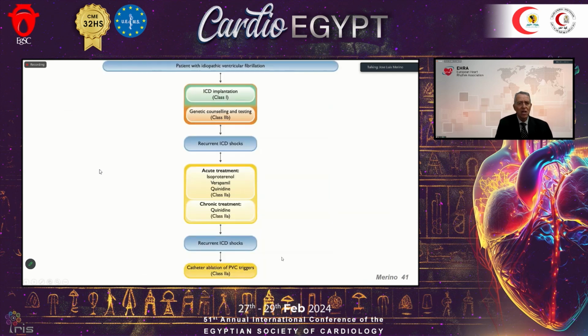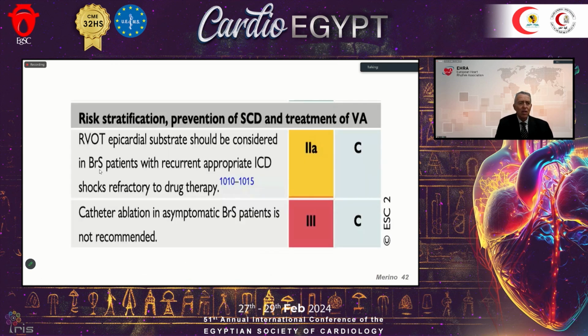Here you see the flow chart in these idiopathic VF patients. You may start by thinking first of an ICD and drugs, but eventually ablation should be considered, looking for the trigger. For Brugada syndrome, here you see what the guidelines say: epicardial substrate ablation, again at class 2A, so not a strong recommendation, and also after failure of drug.